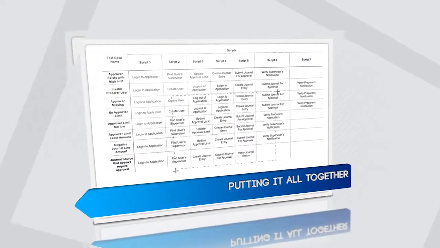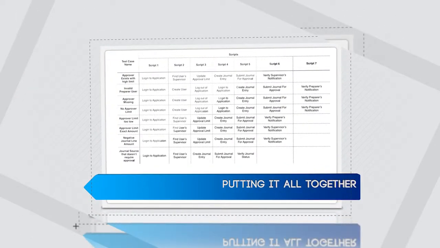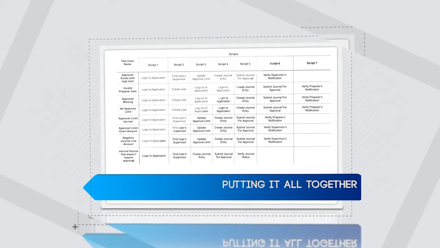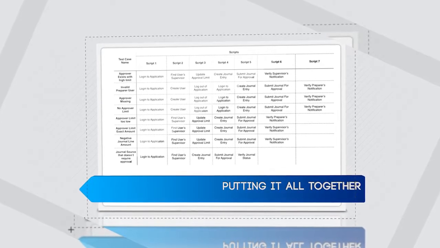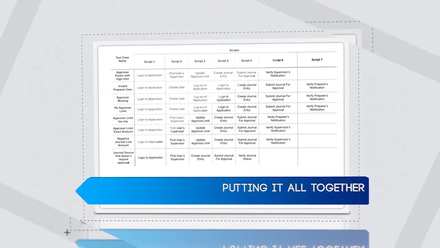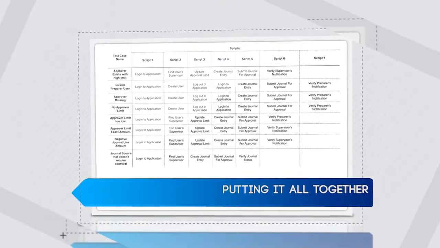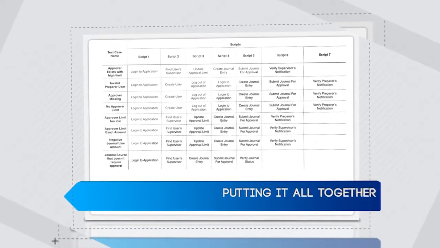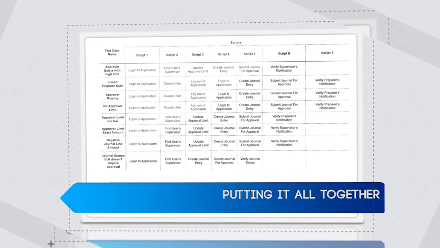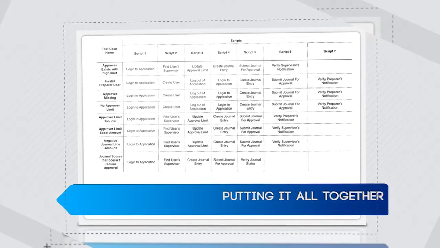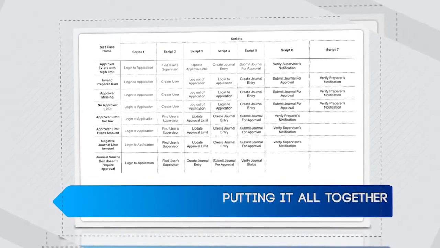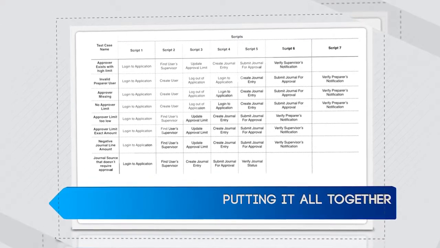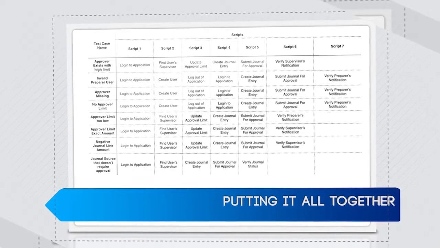Now that we have our test cases, our data, and our validation scripts, we can put it all together, and you can see that each test case has a series of scripts that we would run. For the first one, which is our basic vanilla, most likely scenario in the production world, we're going to say the approver exists with a high limit.